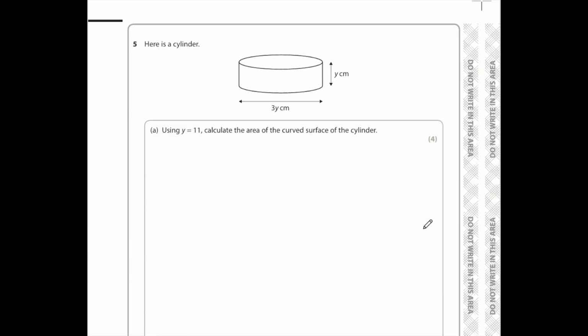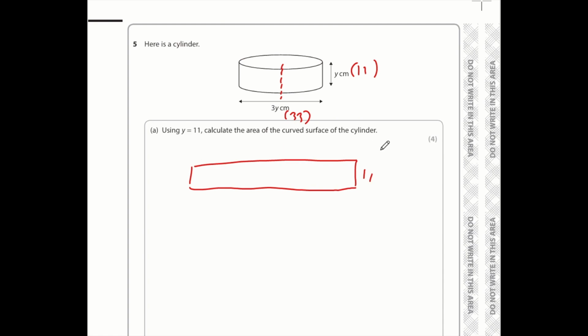Here is a cylinder. Using y is 11, calculate the area of the curved surface. So this is 11 and this is 33. Now the curved surface of the cylinder, imagine this was a toilet roll and you were to make a cut here and roll it out, it would be a rectangle. This rectangle would have a height of 11, and the width of it would be the circumference of a circle.